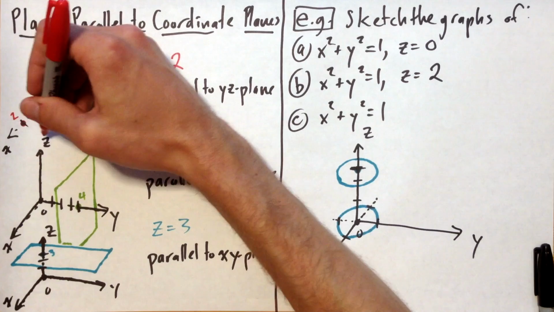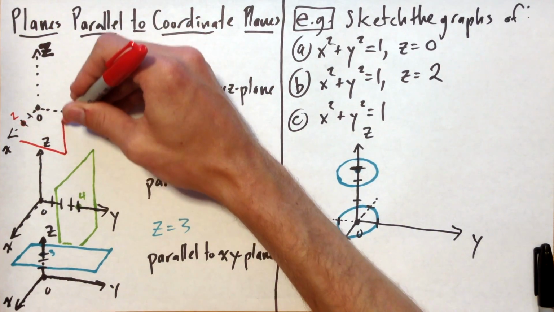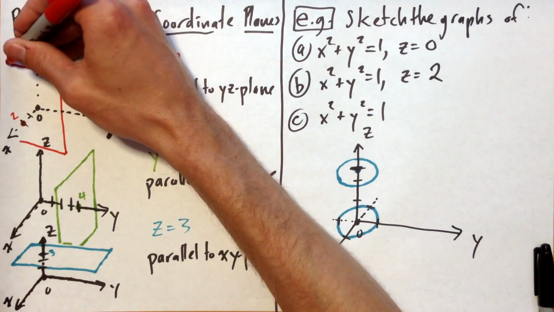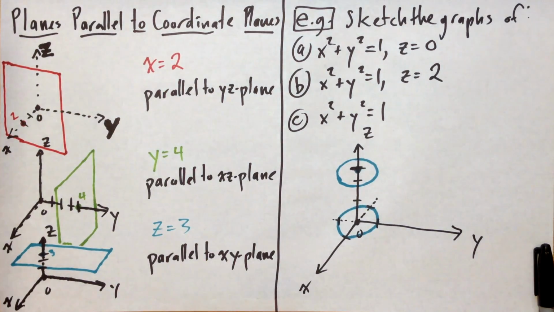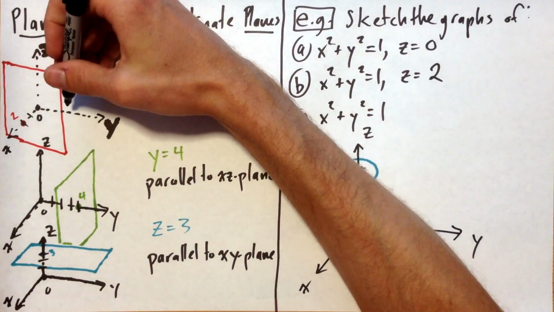So I'm going to try to draw something with sides parallel to that. All right, and let's draw it up to about there. Great. So now I'm going to suggest where these lines are in front of and in back of this plane.